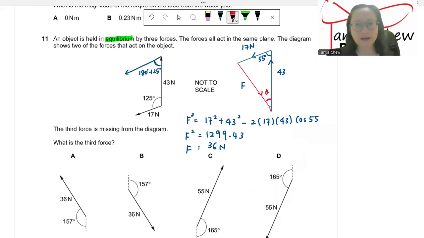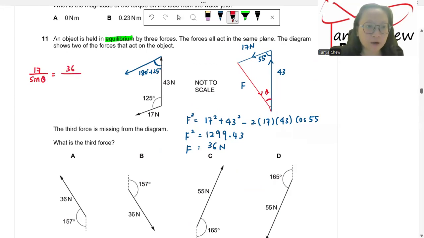A over sine A is equal to B over sine B. So 17 over sine theta is equal to 36 over sine 55.